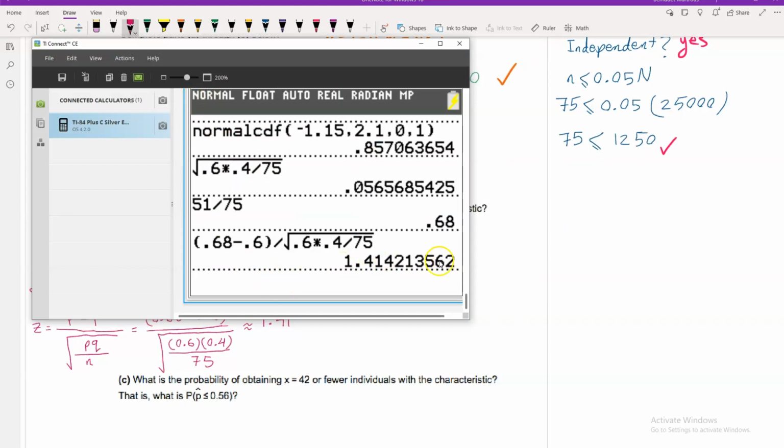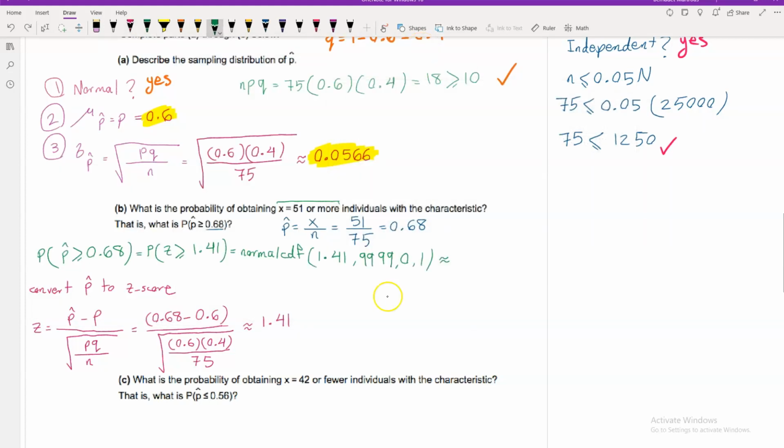So here is what we have for z-score without rounding. Here we have to find the area to the right of z, because we have z greater than or equal to 1.41. So first we have to enter our z-score. I round it to 2 decimal places.